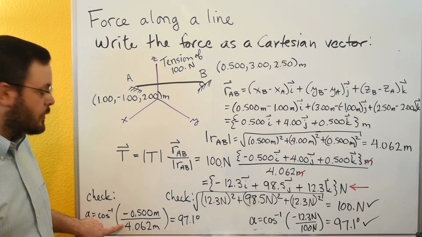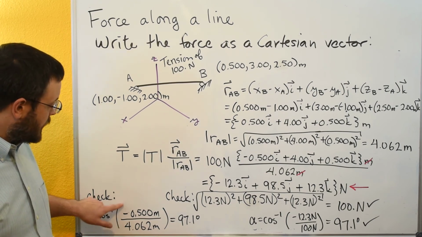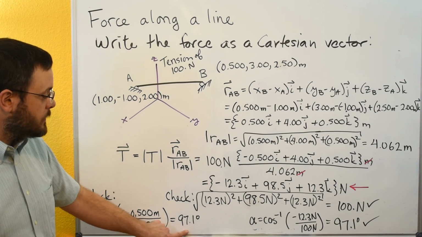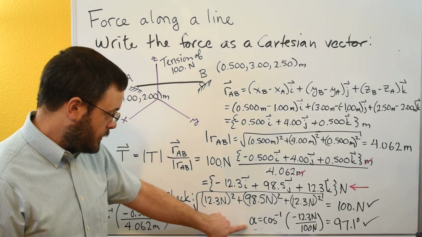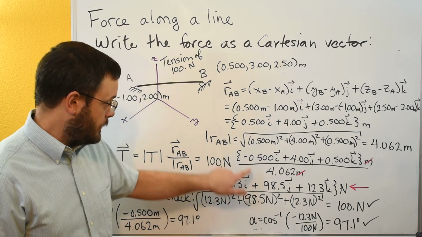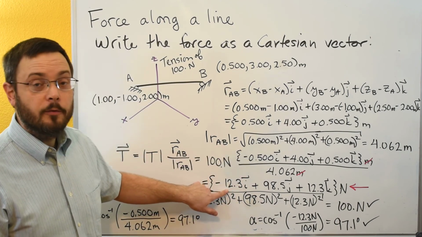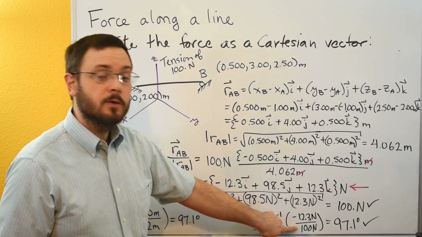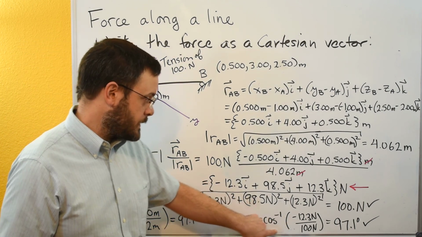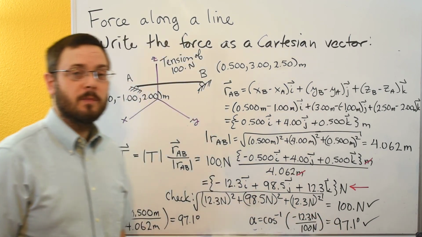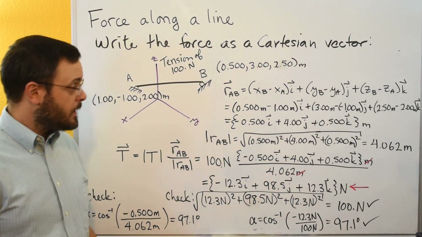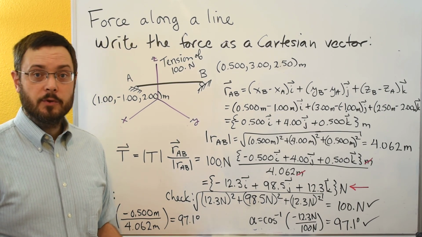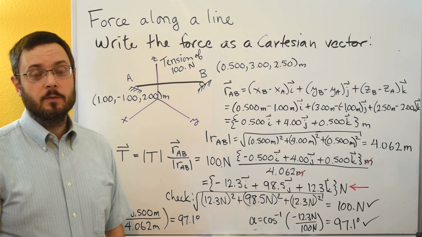Remember, when you're doing those coordinate direction angles, the positive and negative signs in here are important. And so you get the 97.1, and then doing the same thing over here, we take the negative 12.3 for our tension vector, divide by its magnitude of 100, do that inverse cosine, we get that exactly the same 97.1 degrees. I didn't do beta and gamma, but you could do those also to double check, and you would find that those angles would be the same.